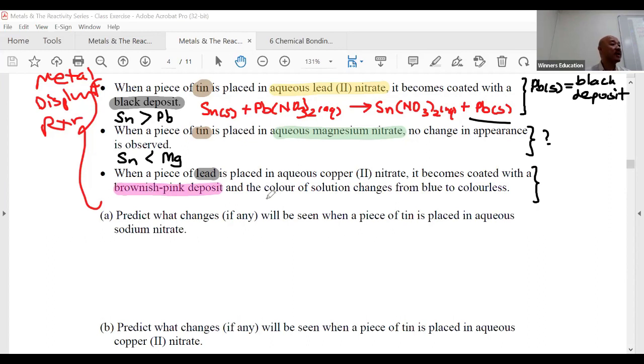Due to a solid that has been displaced. What solid has been displaced? Correct? That's the displacement. Very easy. So I'm going to start to write here. I'm going to write that copper solid is the brownish pink deposit.